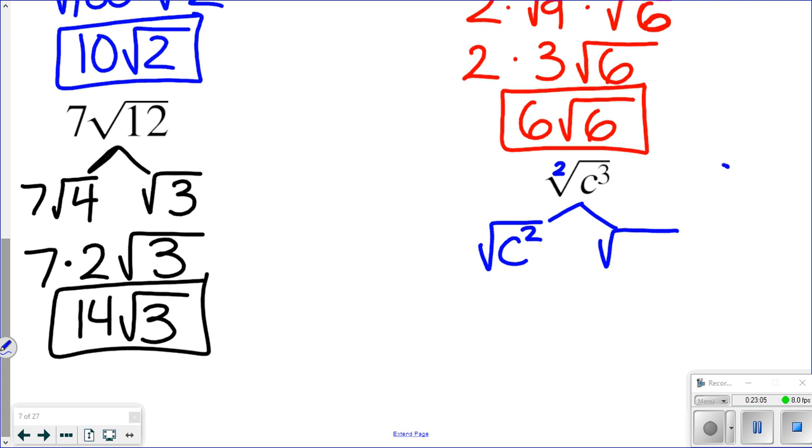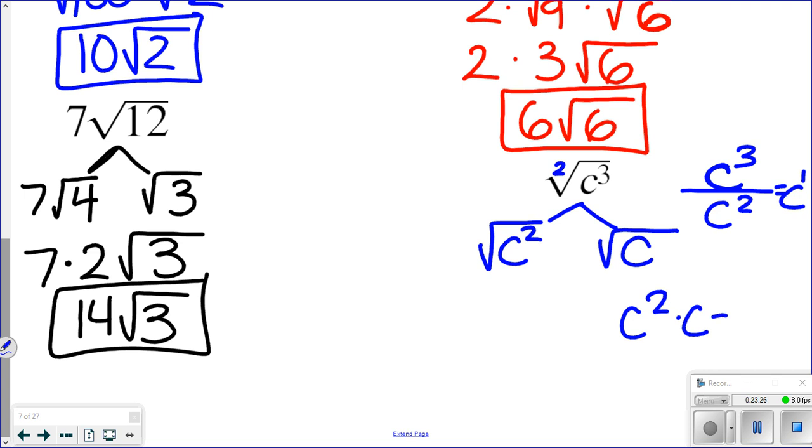Now, if I'm taking that out, I'm dividing it out. So let's use our exponent rules. What's 3 minus 2? It would just be 1. I just have a c left over. So now think about this as a multiplication problem. c squared times c would give me c cubed, which is what I started with. So we know we've broken it down correctly so far.